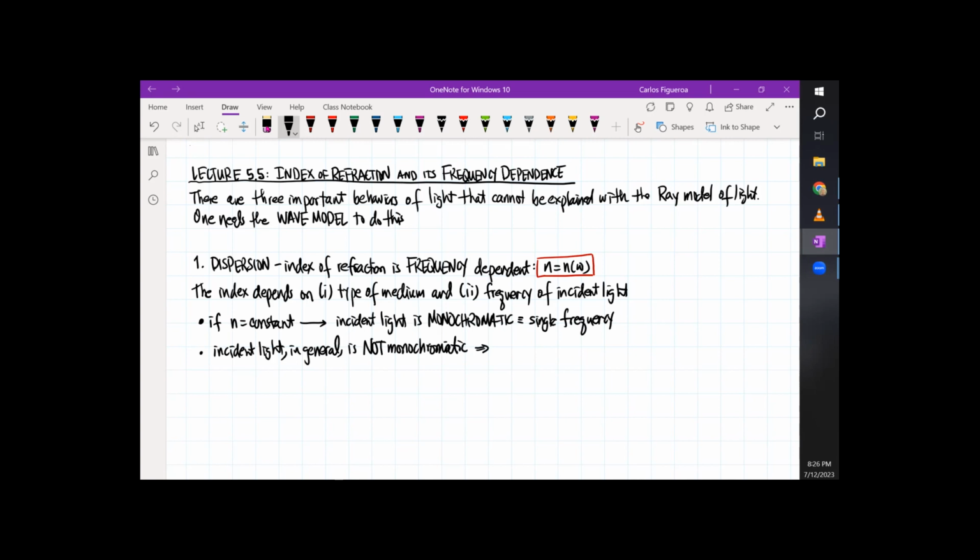So that means that you have multiple frequencies being emitted. Therefore, the index is dependent on the frequency.